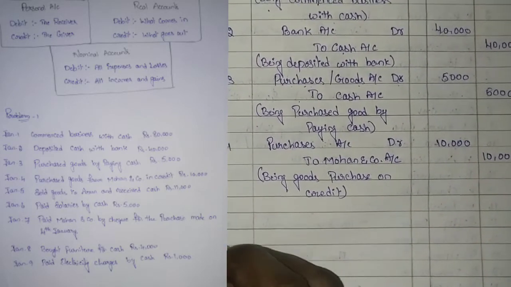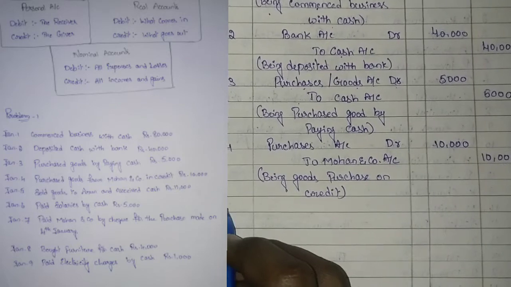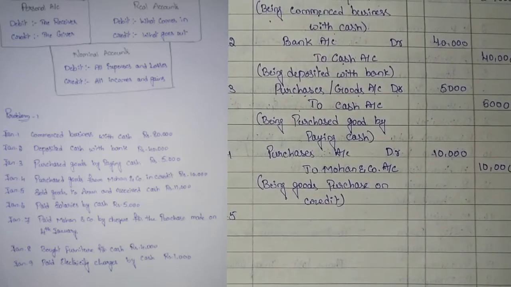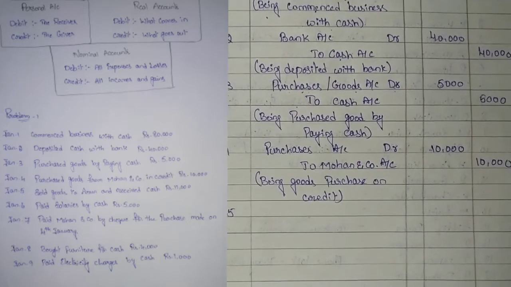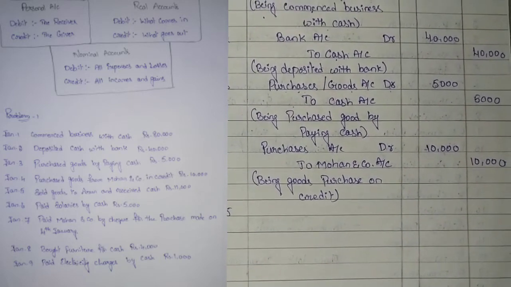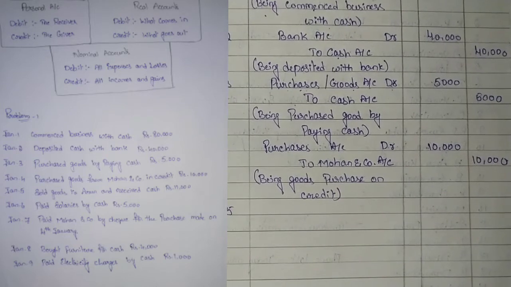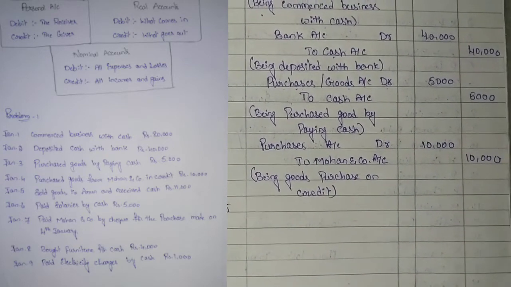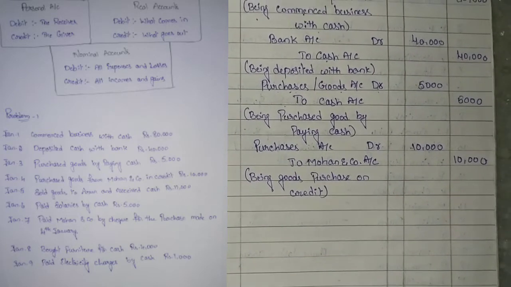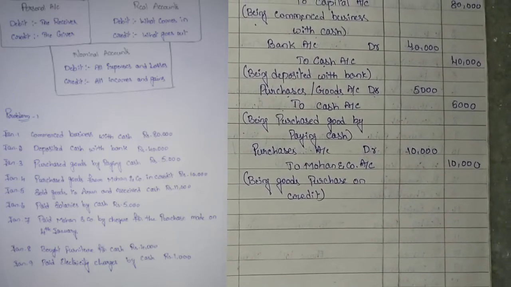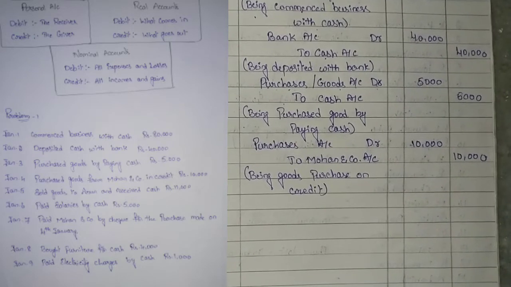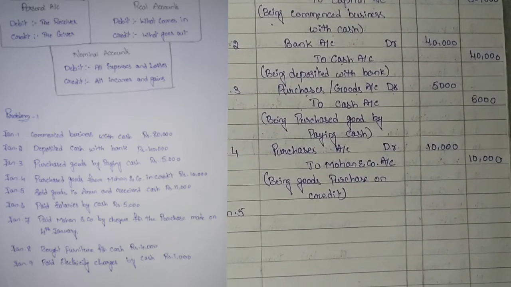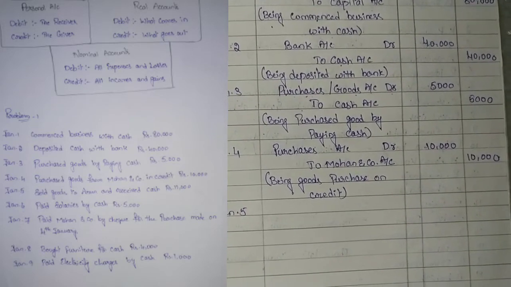So next, on January 5th, the transaction is sold goods to Arun and received cash. It is a cash transaction again. So again it is related to real account, because goods are involved. We are selling the goods to Arun. So now the sales transaction, again here debit what comes in, credit what goes out. If we are selling goods, goods are going outside and we will be receiving the cash.